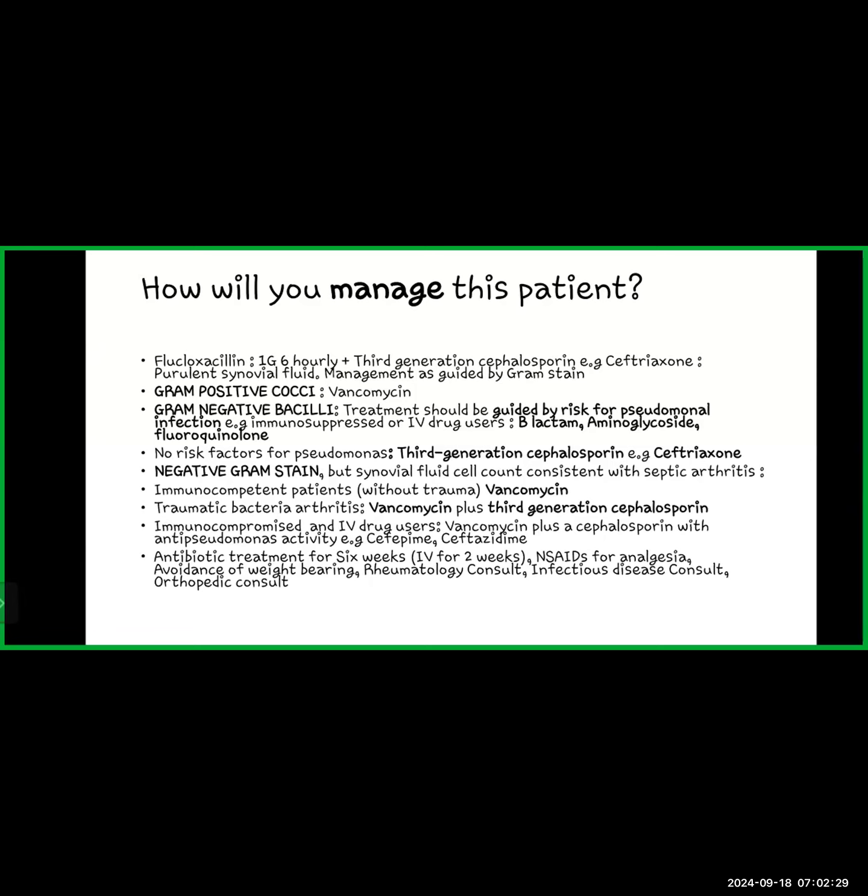In case the patient is an immunosuppressed patient or an IV drug user, I want to give a beta-lactam, an aminoglycoside, or a fluoroquinolone. But if the person does not have risk for Pseudomonas, I want to give a third generation cephalosporin like ceftriaxone.